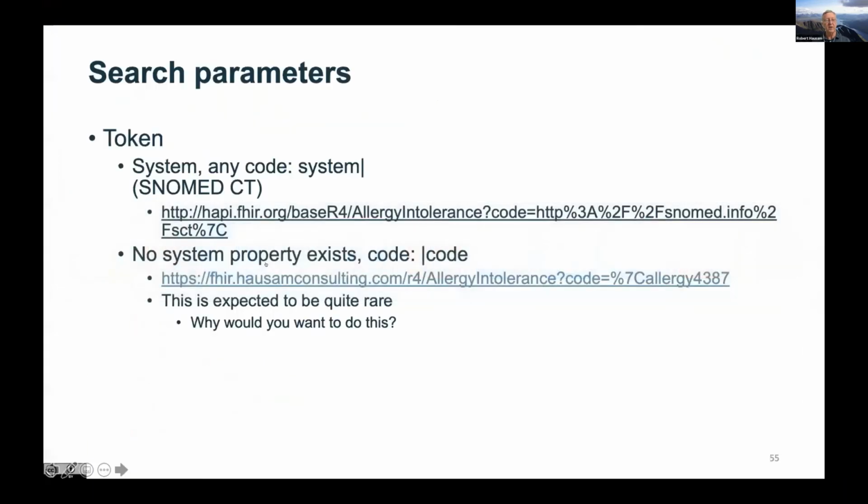All right. And you could also search basically for something where the system property did not even exist. Somebody defined a code, but they didn't give it a code system. That should be really rare, and I don't even know why people would want to do it, but the specification actually lets you do it.